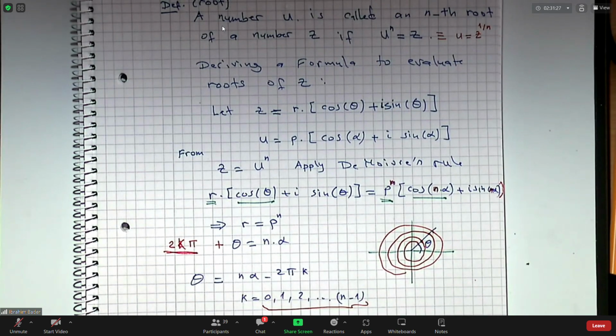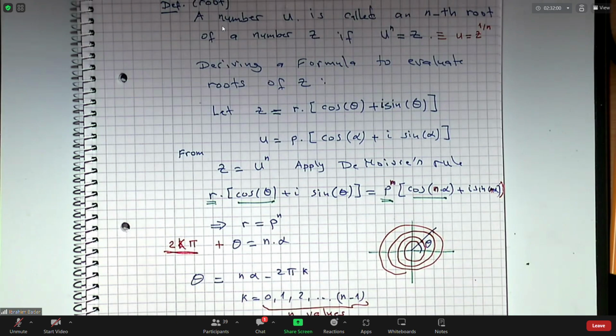Let's take a concrete example. If I find the fifth roots, it's 0 up to 4. How many values do I have there? 0, 1, 2, 3, 4, 5 values. So always when you start the index from 0 to n minus 1, then you have n values.